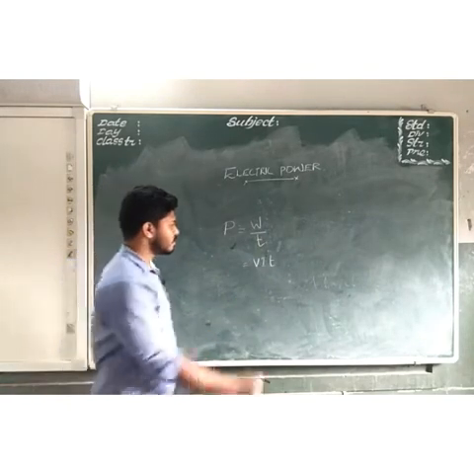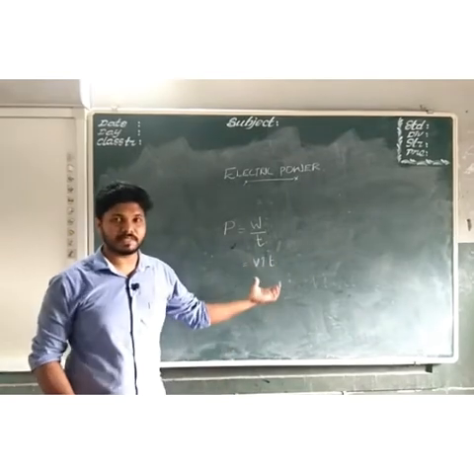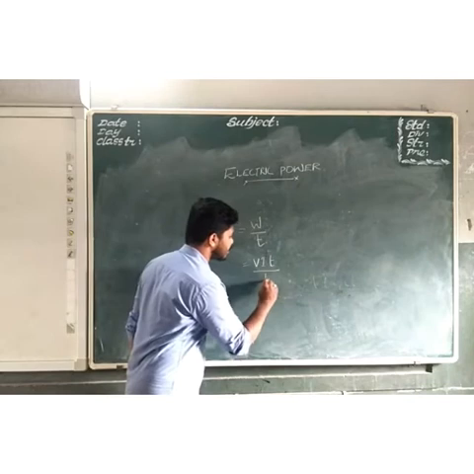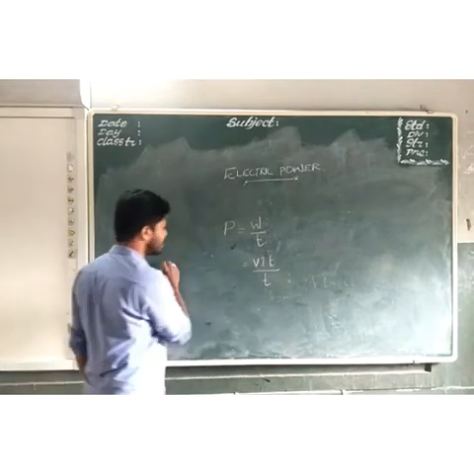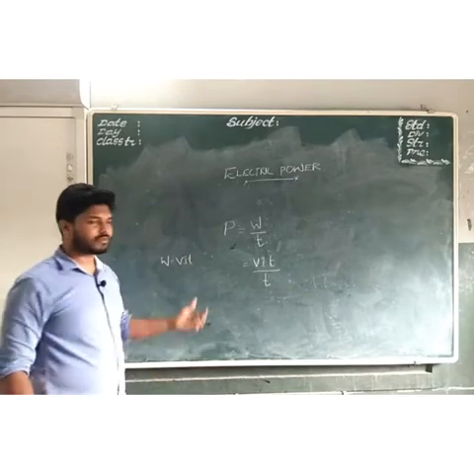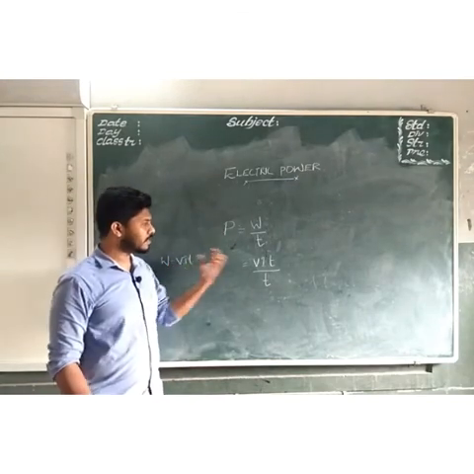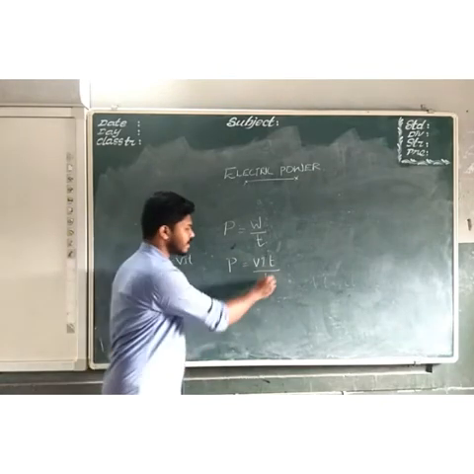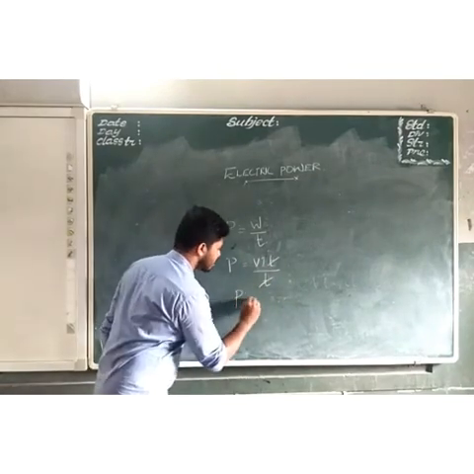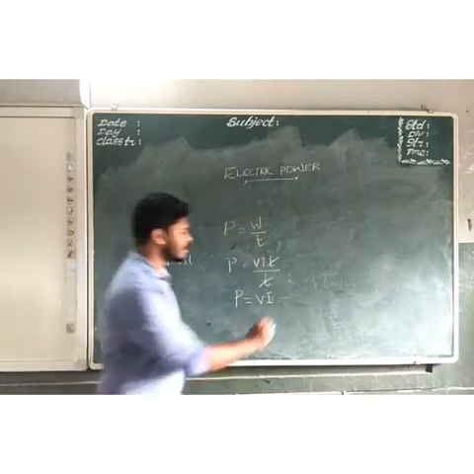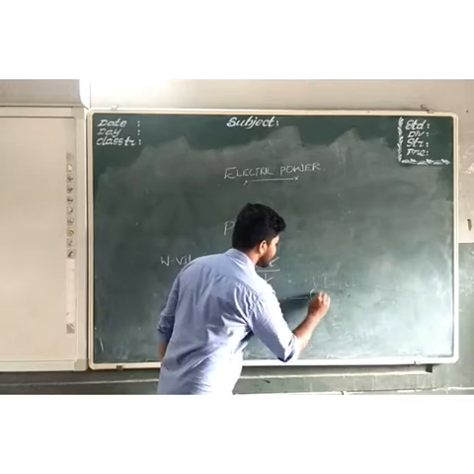Now we are taking W equal to VIT. Substituting that value of W in the equation, we get P equal to VIT by T. We can cancel the T, and we get P equal to VI. So this is the first equation for power.